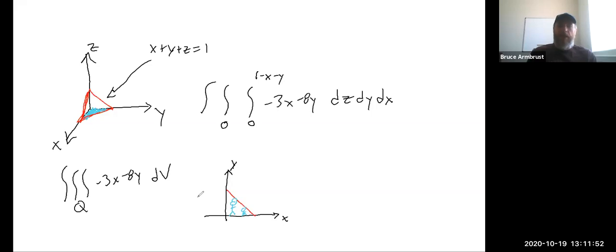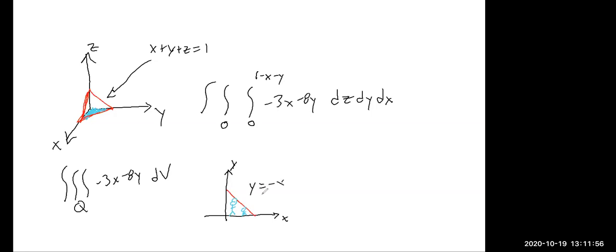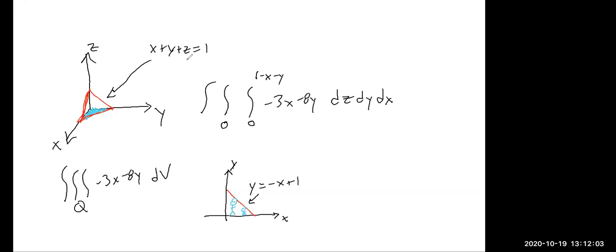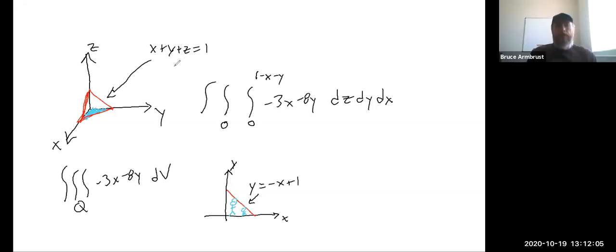And where's that come from, Bradley? The plane. The equation of the plane. Okay, so if you look at the equation of the plane and you let z equal 0, that gives you this guy right here. And the reason we can plug z equals 0 is because that's the xy plane. If you don't like that, the other thing you can do is figure out the coordinates of these vertices.